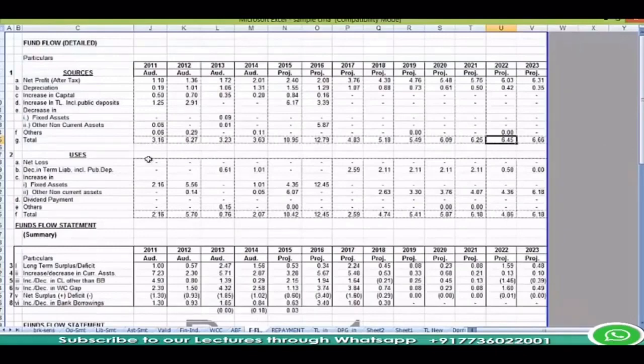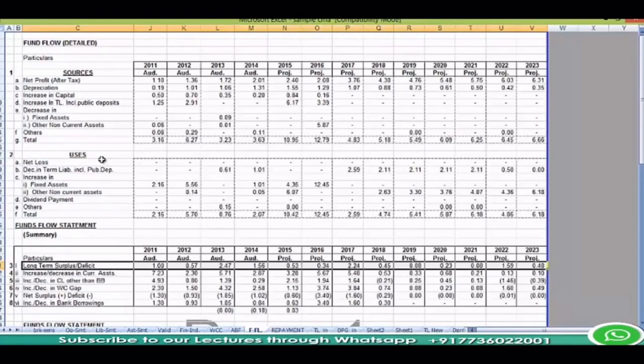This statement would list out all the sources of funds, and when we say sources, all long-term sources, and it will also list all the uses. I mean, what are the long-term uses? Sources and uses will be shown separately. Then at the end of it, it would give what is the surplus or deficit out of all these sources.